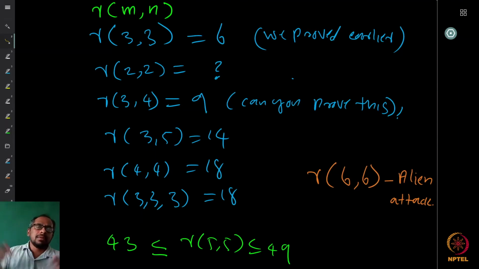whatever, some number, or m raised to 2 raised to m and 2 raised to n or something, then can you say, at least in that case, that anything larger than that will contain an m complete graph? So this kind of weird, much larger number can be an upper bound, saying that anything larger is guaranteed. Therefore it says that it exists, because as far as you go above this, you are guaranteed.